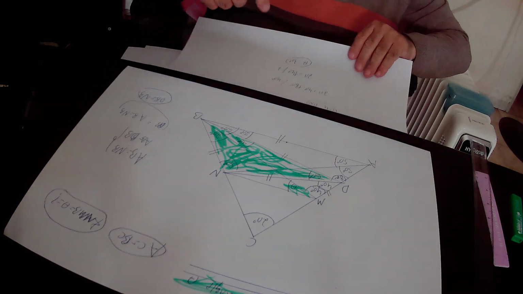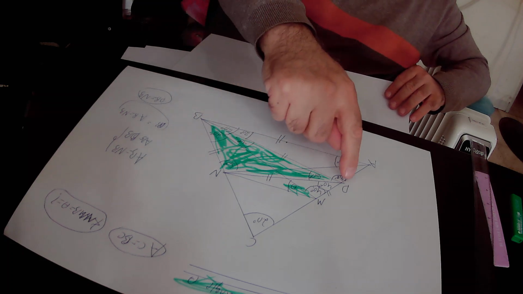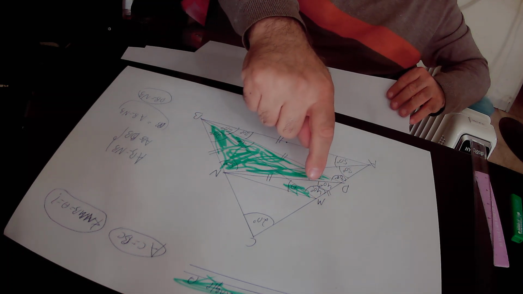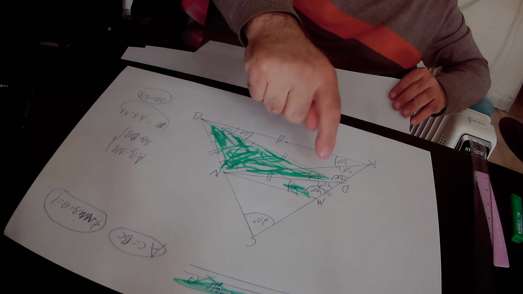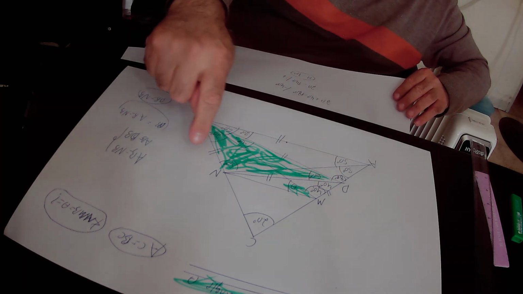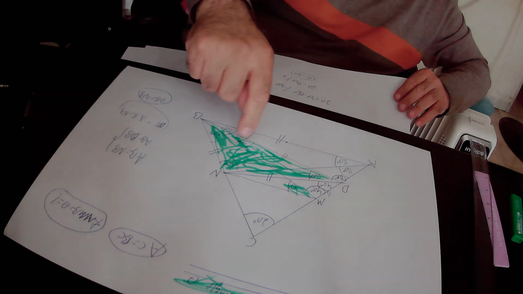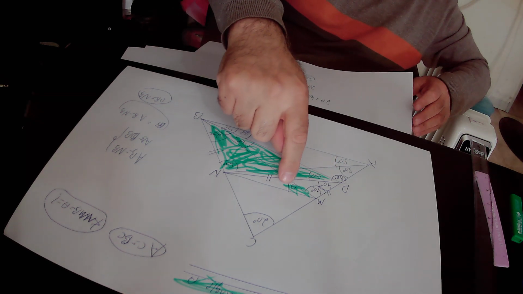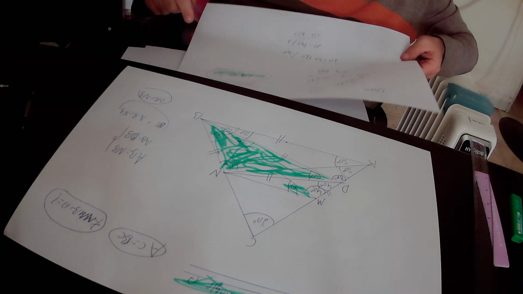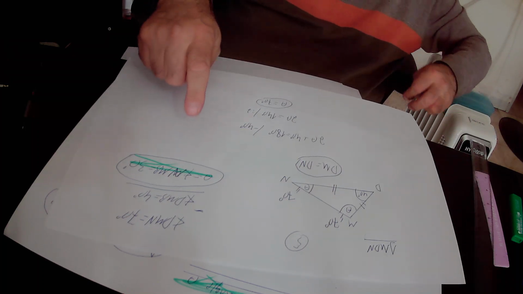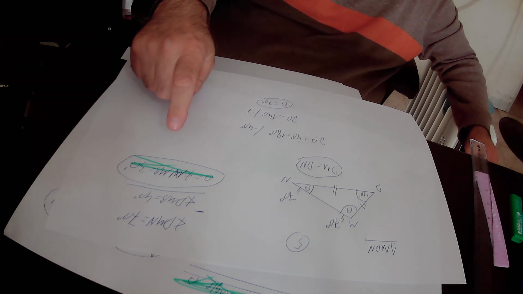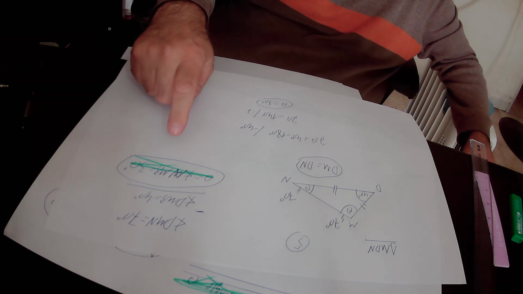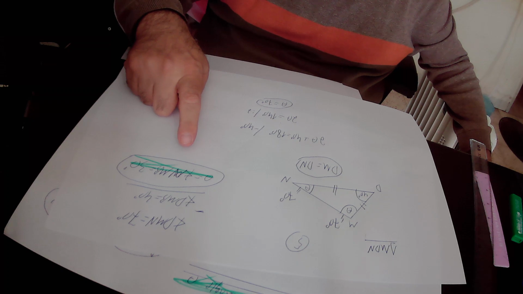So the big angle is angle DMN, which is equal to 70 degrees. The small angle is DMB, which is equal to 40 degrees. So the big angle DMN minus the small angle DMB must be equal to angle theta, the angle that we are looking for. Again, the big angle DMN minus the small angle DMB must be equal to the missing angle theta, which is actually angle NMB.